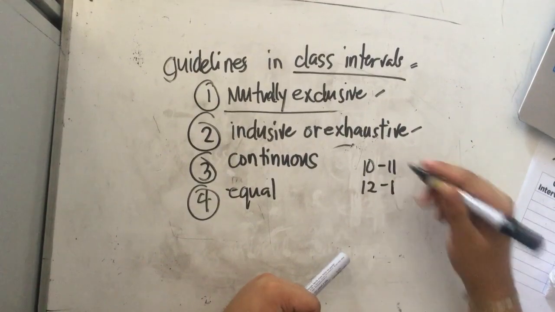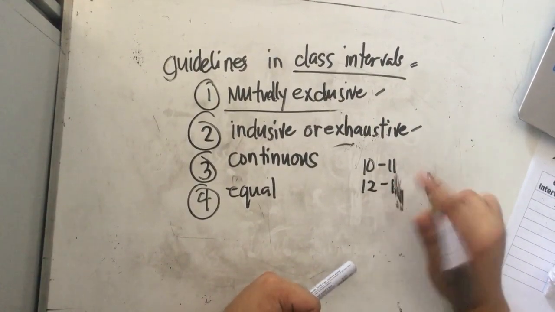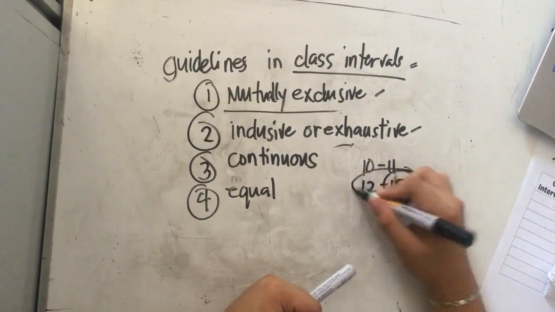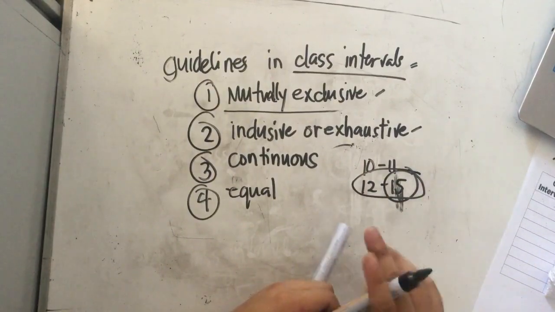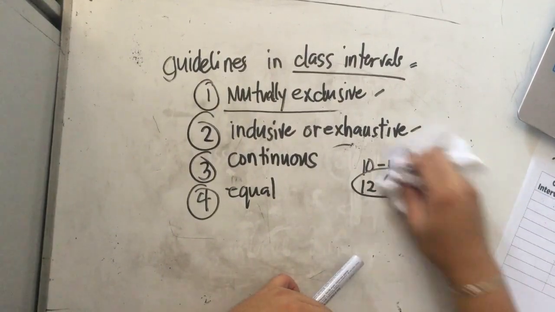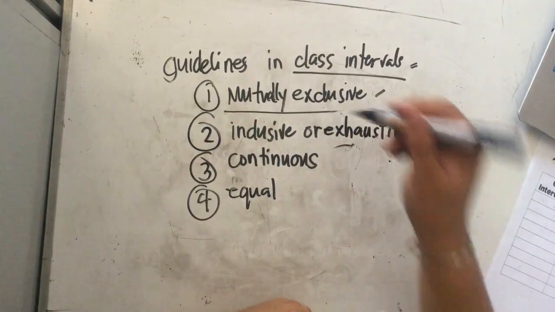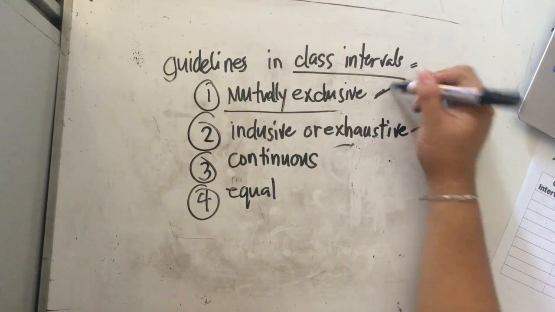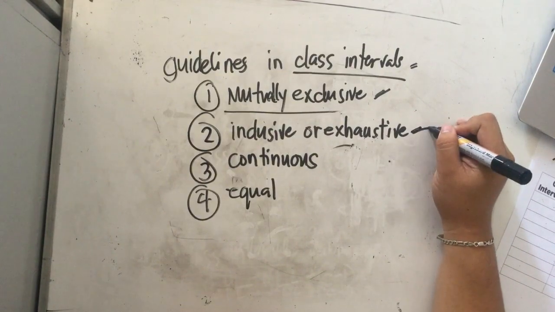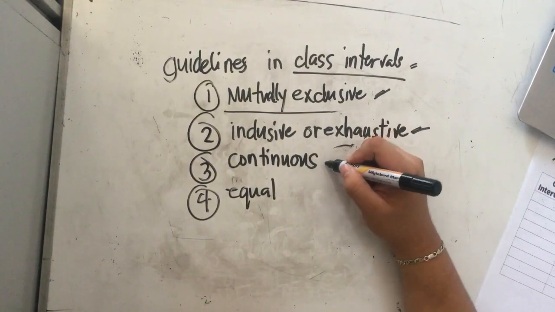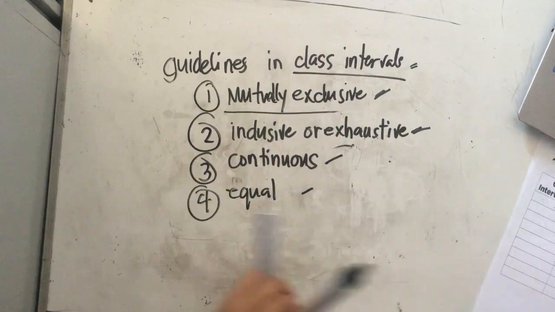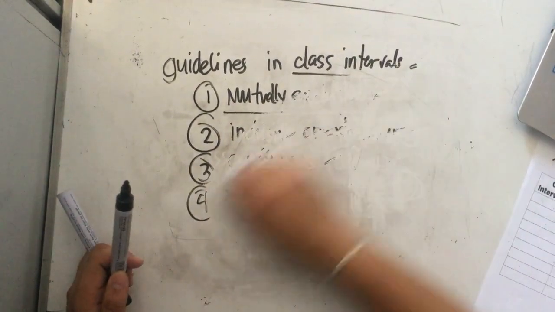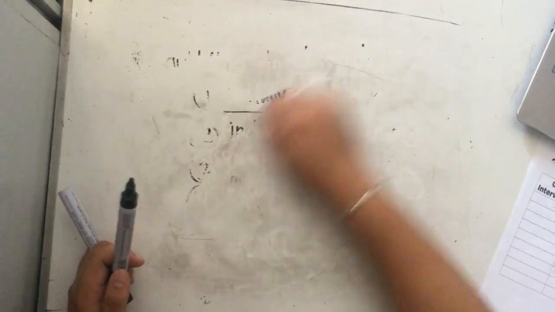Hindi pwedeng lalaki yung class width ng ating class interval. So, kailangan equal pa rin siya. Okay, so let's take note of the guidelines in our class interval. Number 1, it should be mutually exclusive, should be inclusive or exhaustive, it should be continuous, and it should be equal.